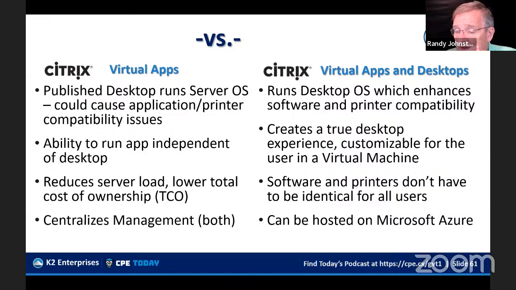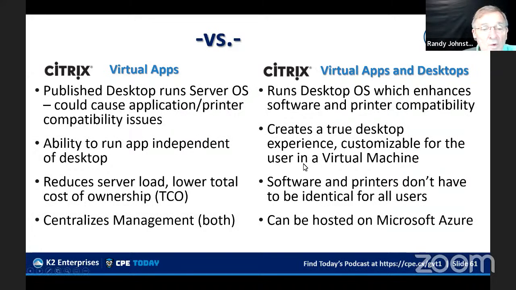And the software and printers don't have to be identical for all users. It can also be hosted on Microsoft Azure. As opposed to that, with Virtual Apps, the ability to run an app independent of the desktop may work, may not, depending on its compatibility. It also reduces the server load and gives you a lower total cost of ownership, with centralized management on Virtual Apps.